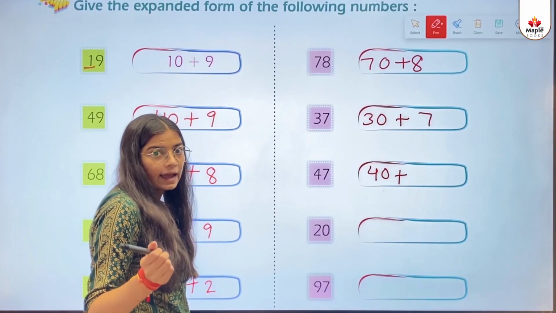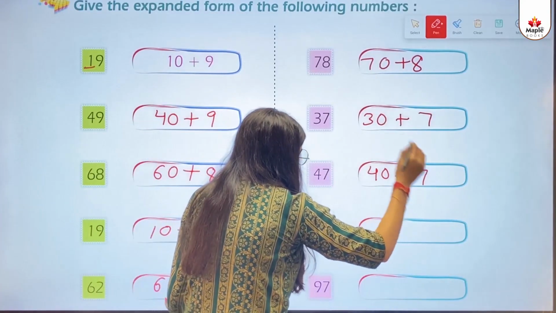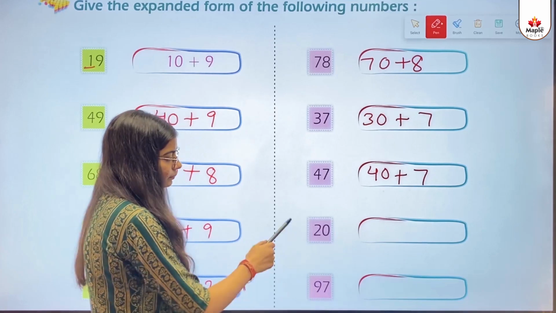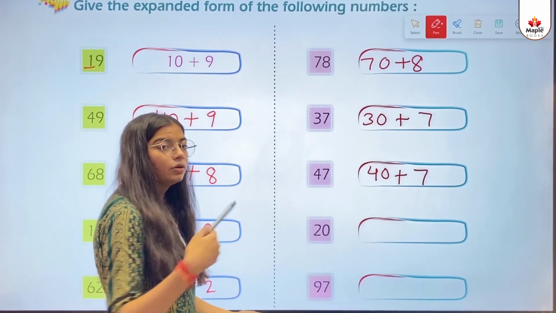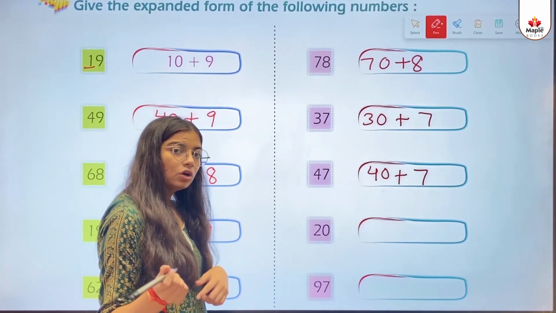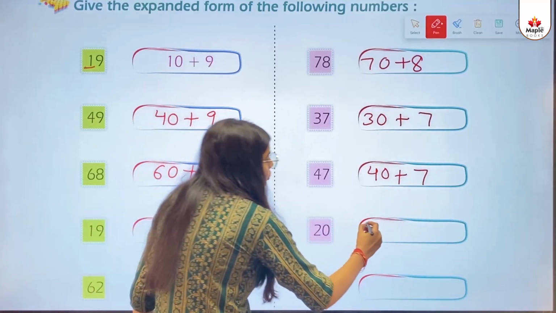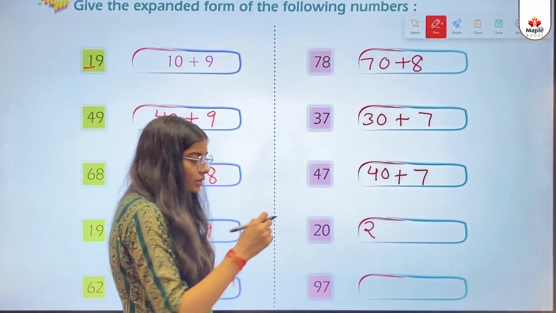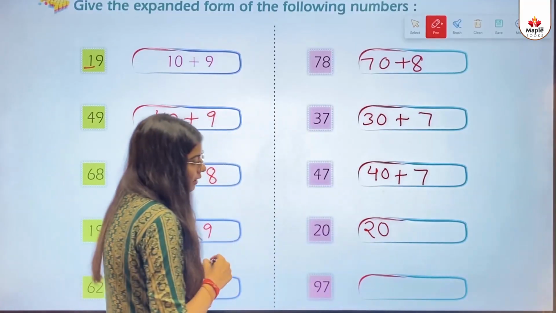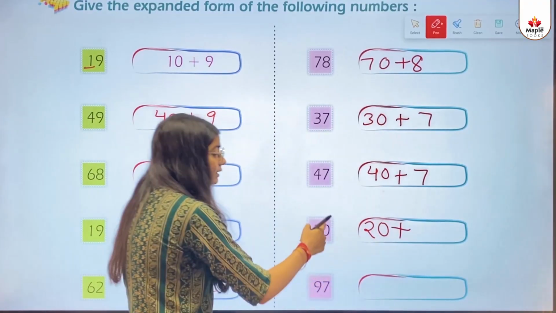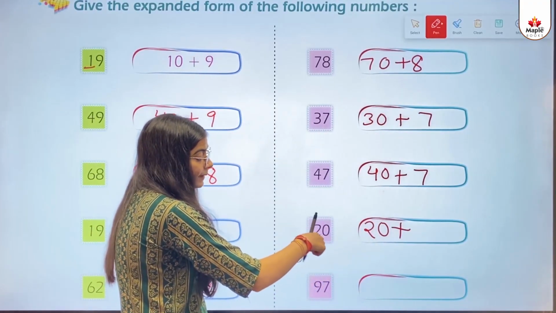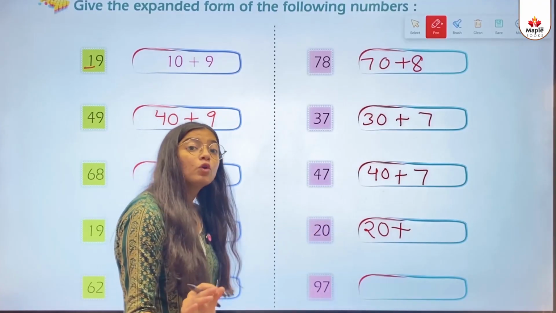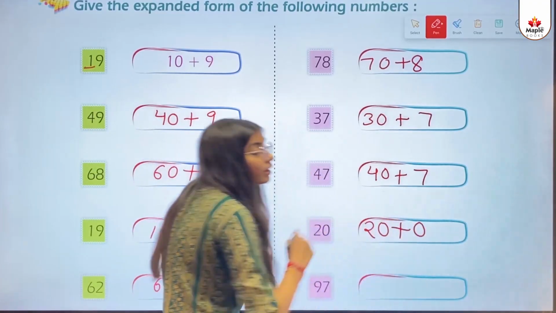So we will write 7. Then there is written 20. So 2 is on the tens place. So we will add 20 plus what is on the ones place? 0. So we will write a 0 here.